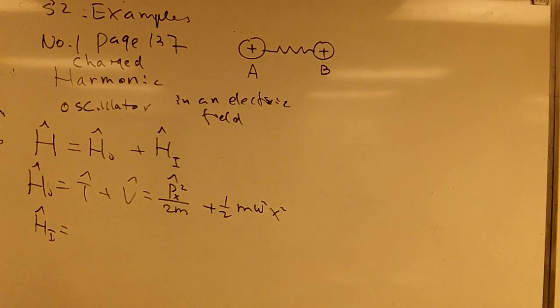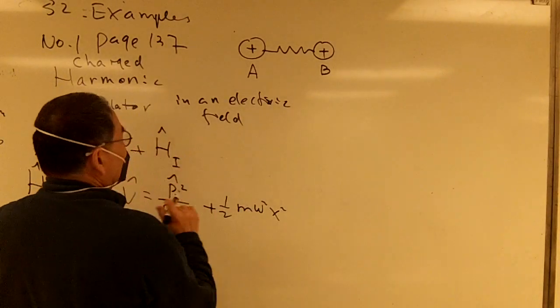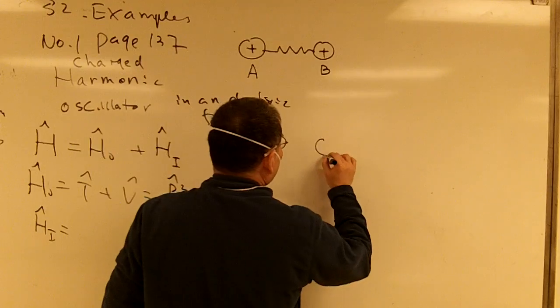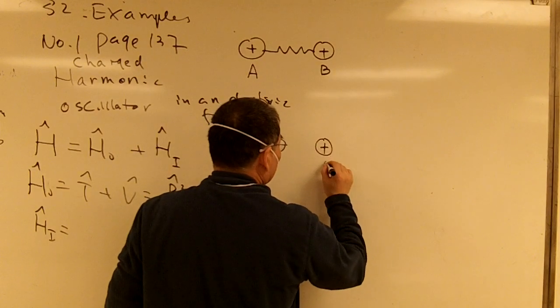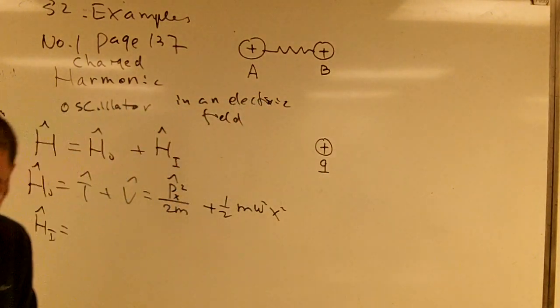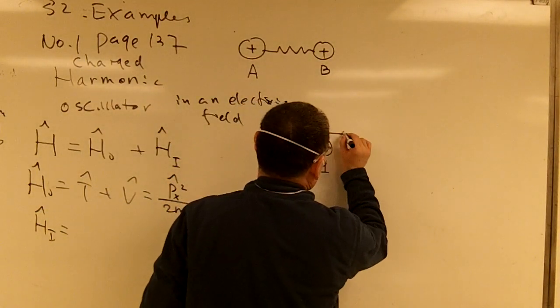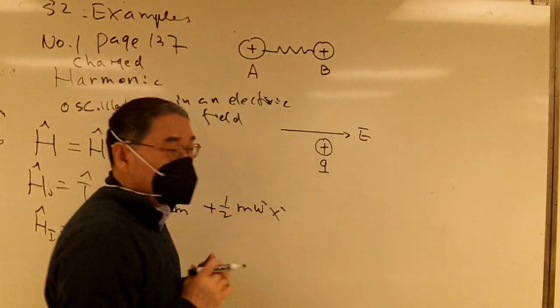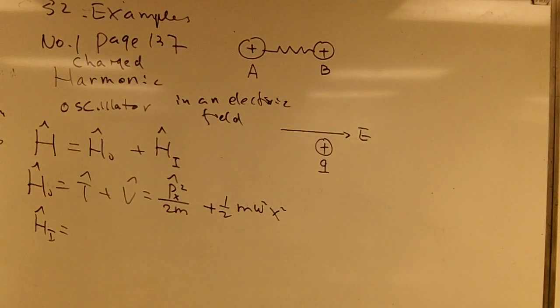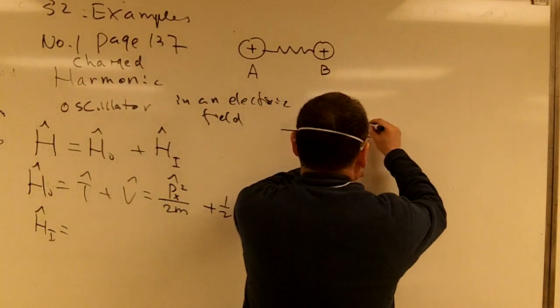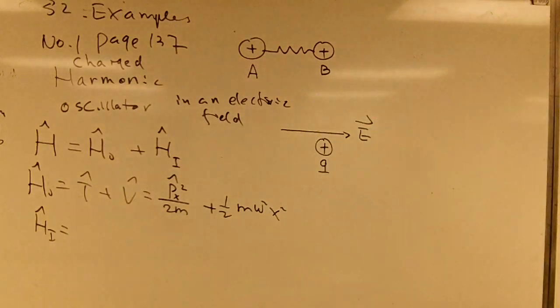Now H hat I, and this one we never encountered. How do you describe the charge in the electric field? Here's what we do. Suppose this charge is called Q here. Then if you apply the electrical field, let's say around this direction, it will have the energy due to the electric field. This E is nothing to do with energy, it's just the electric field.